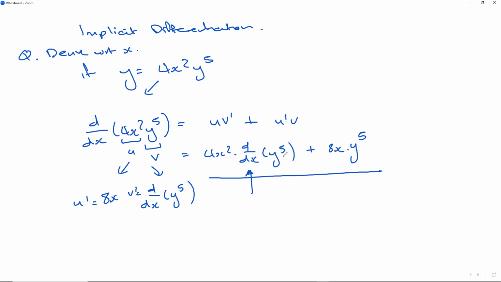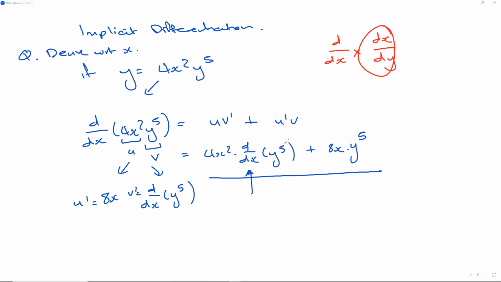But now, because I'm deriving this with respect to x, I can rewrite it, and try to derive it to get y to the power 4 multiplied by 5 using the power rule.